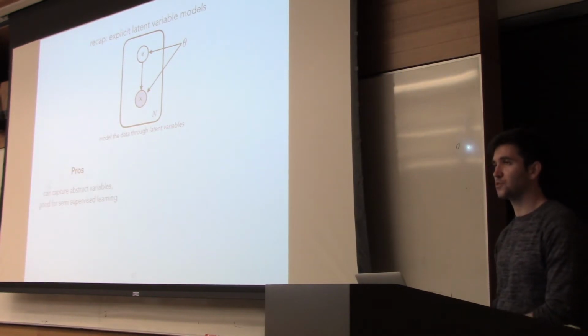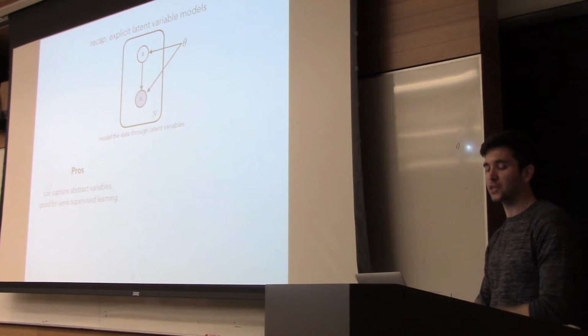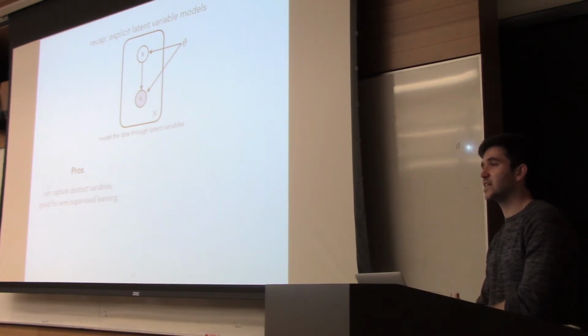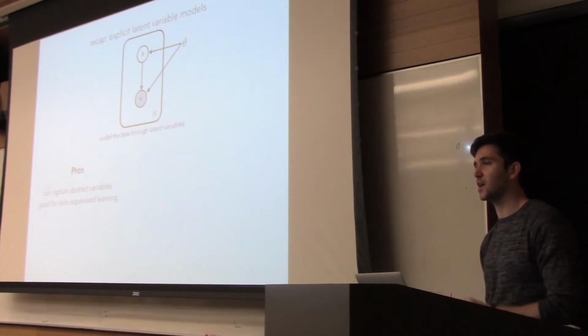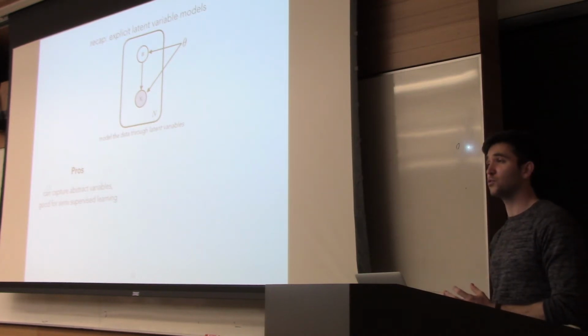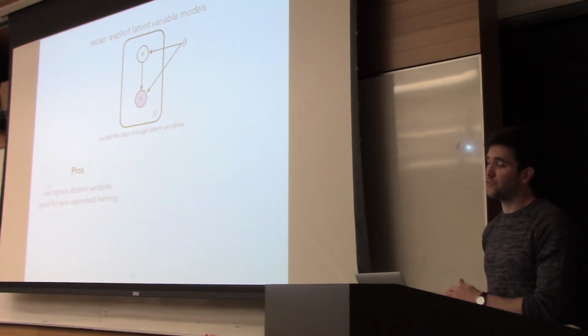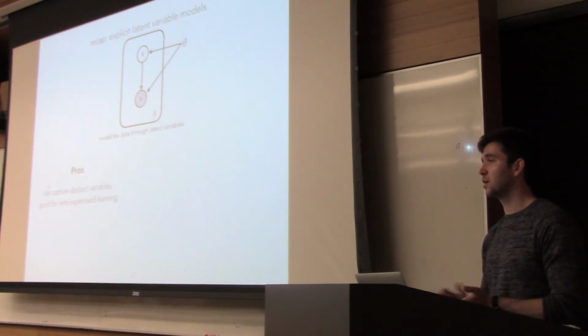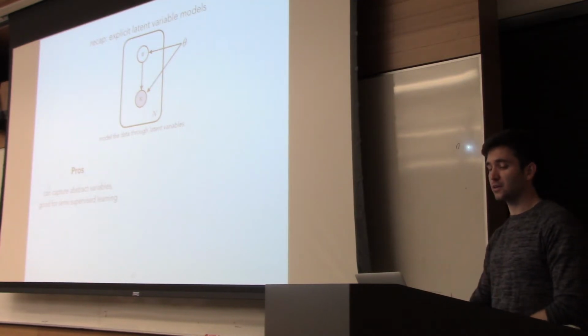So what are some pros of this method? Well, you can capture these abstract variables, and in practice these models are fantastic for semi-supervised learning, where, like I alluded to in the beginning, you give a few labeled examples, and based on the representation that you've learned through this generative model, very quickly generalize to other instances that haven't been labeled yet.